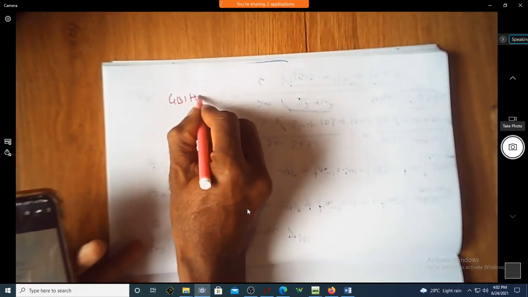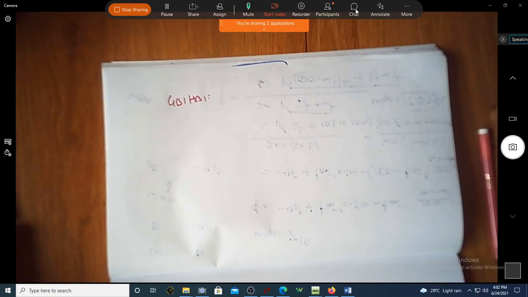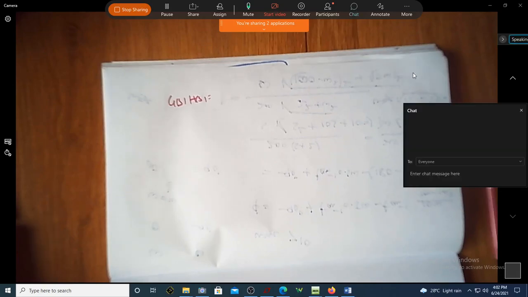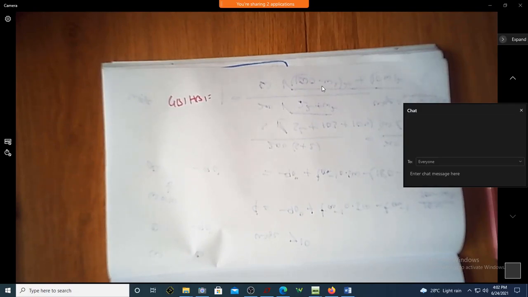Any questions here? Can you just put in the chat box: are you fine with this? 10 out of 10, 8 out of 10, 3 out of 10, 0 out of 10. Two things: how to write the magnitude plot for a quadratic term and how to write the phase equation.